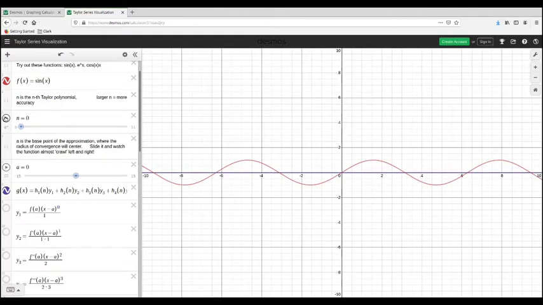If you consider the sum of the 0th order term of the Taylor series expansion for the sine function, you get that it's 0. So in blue here, you see the constant blue line that corresponds to the 0th order term.